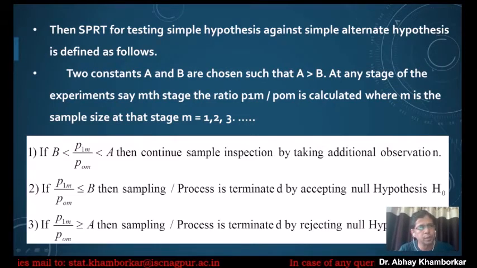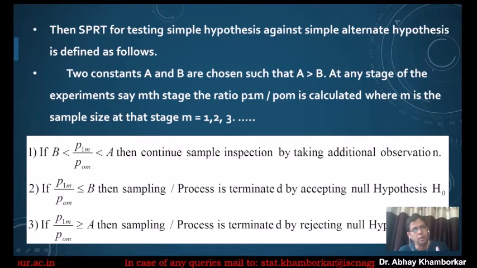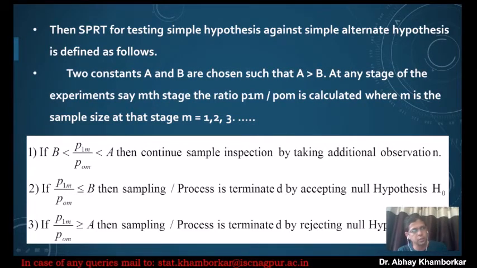So for SPRT, we calculate the ratio p1m upon p0m, and then depending upon whether that ratio belongs to the interval (B, A), or it is less than or equal to B, or it is greater than or equal to A, we continue the sampling procedure, or we terminate the sampling procedure by accepting the null hypothesis H0, or we terminate the sampling procedure by rejecting the null hypothesis H0, respectively.